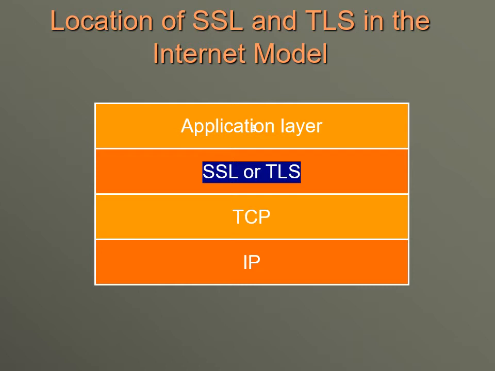For example, when a customer shops online, the customer needs to be sure that the server belongs to the actual vendor and is not the server of some imposter. And the customer does not want to give an imposter her credit card number.